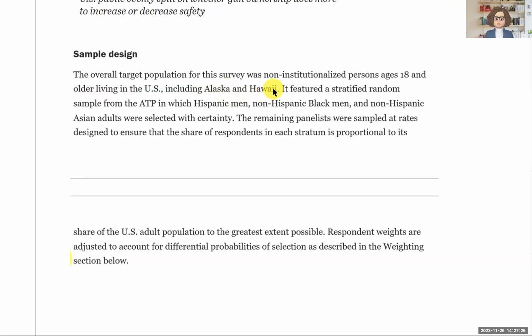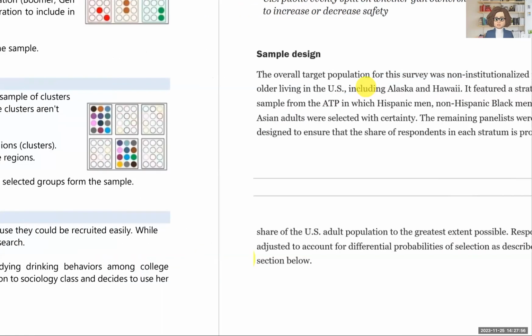So how did they choose the Americans to participate? So it says here that it featured a stratified random sample from their pool of people, in which Hispanic men, non-Hispanic Black men, and non-Hispanic Asian adults were selected with certainty. In other words, they did not want to leave any of these groups out of their study on Americans. So stratified random sample, again, just going to come over to our picture.